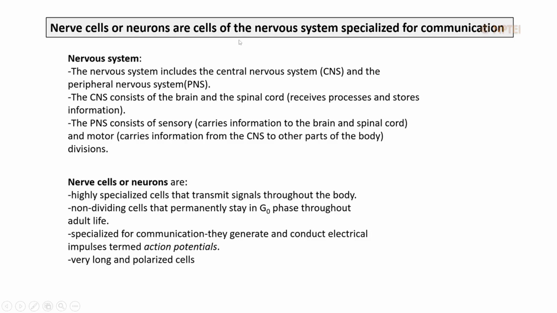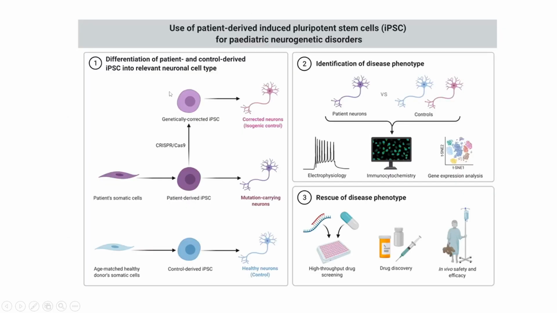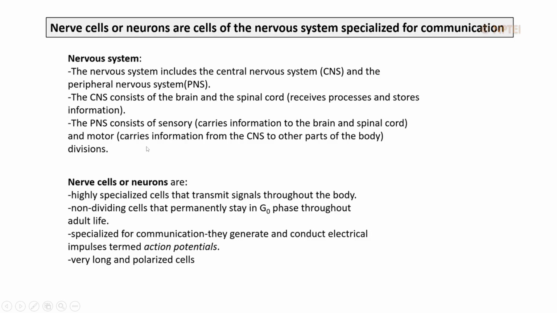Another concept is regarding the neurons and the nervous system. This was all regarding the stem cells, induced pluripotent stem cells and embryonic stem cells, which we discussed. The next part is the nervous system and the neurons.